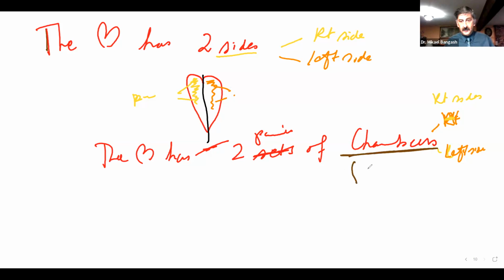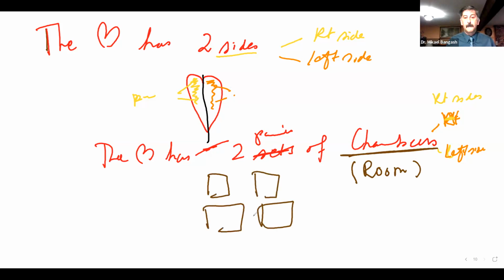Now, just consider it to be a room. They call them chambers because they were hollow spaces in the heart. Or you can say a more fancy word for a room or apartment or enclosed space is going to be a chamber.